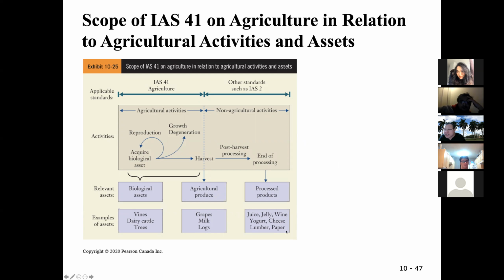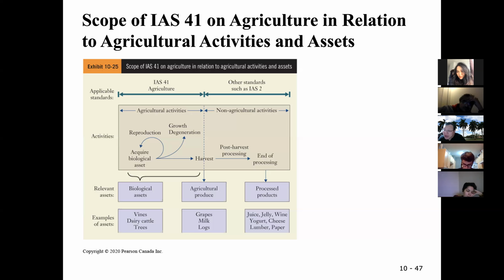The reason I didn't have a lot of time for this is, first of all, agriculture is less important than the revaluation model and impairment test. Also, not everyone will do agriculture. I didn't do too many files about farming. Even though you are a CPA, you are not expected to know everything.